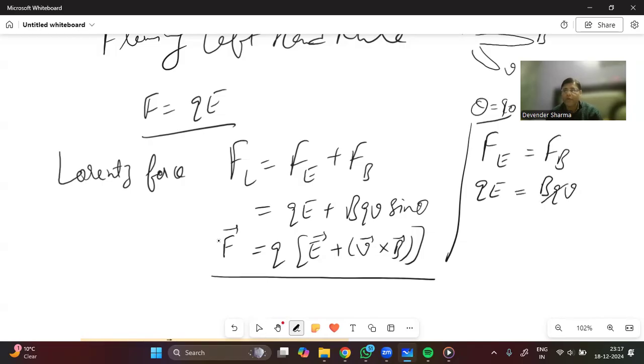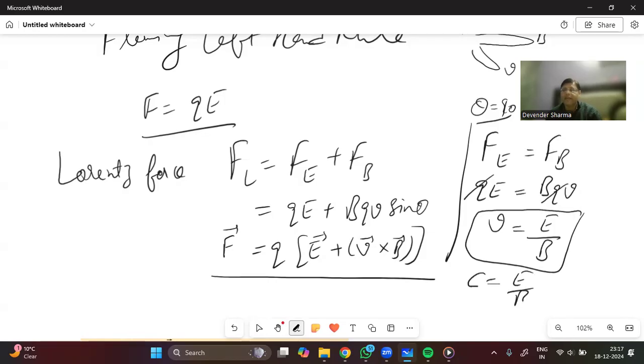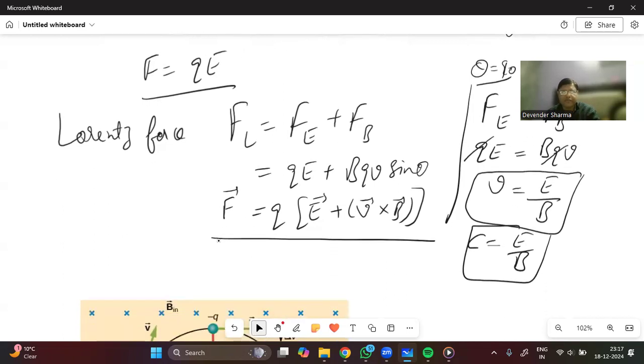So Q and Q will cancel and we get the value of V, which is E by B. This is also the case in electromagnetic waves, where the speed becomes C, the speed of light, E by B. So we have another formula where we can compare electric field as well as magnetic field. I'll give you one more comparison later on in the next video.